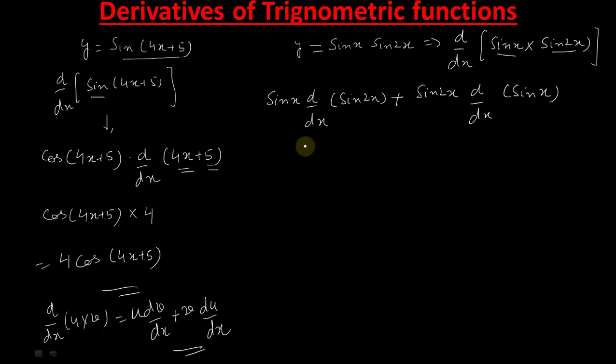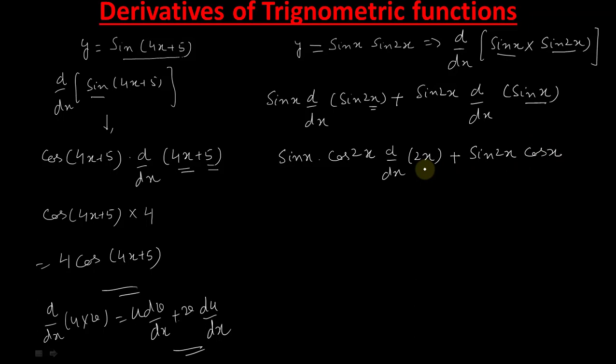Now sin x as it is, into the derivative of sin 2x, which is cos 2x, then the derivative of 2x. I will write here dy by dx of 2x so you don't get confused. Plus sin 2x, the derivative of sin x is cos x.